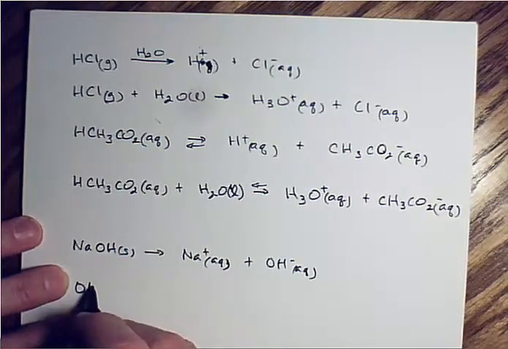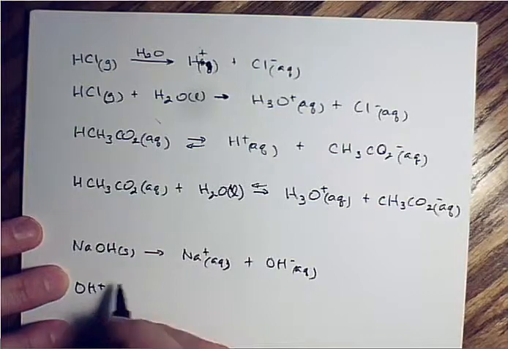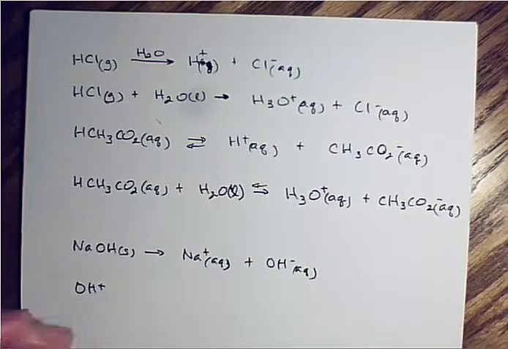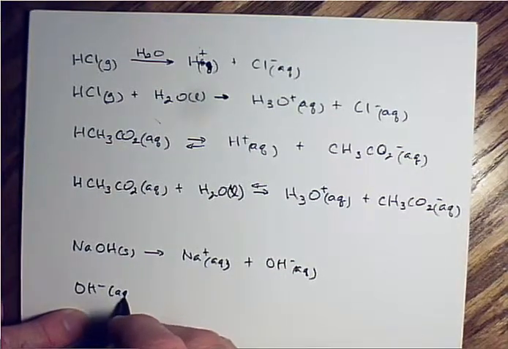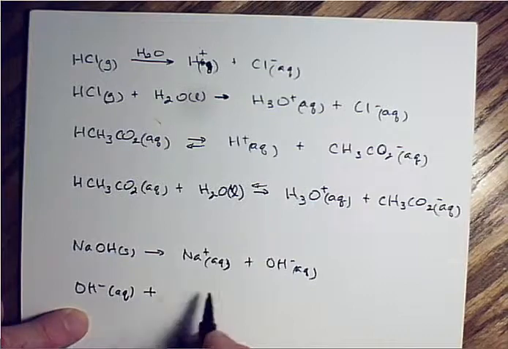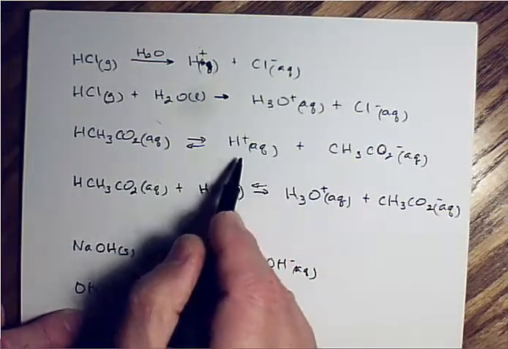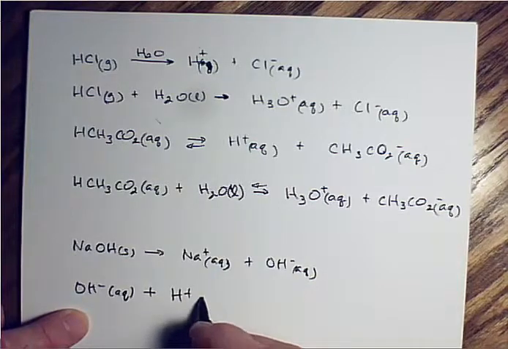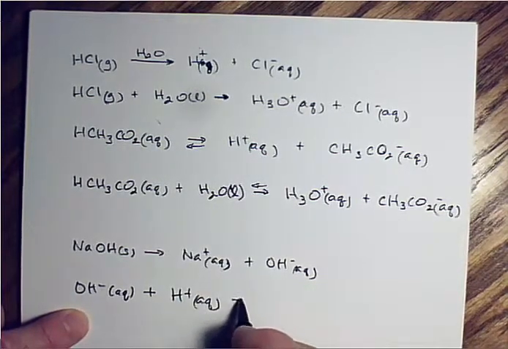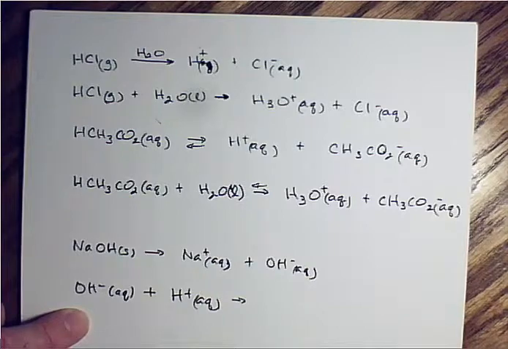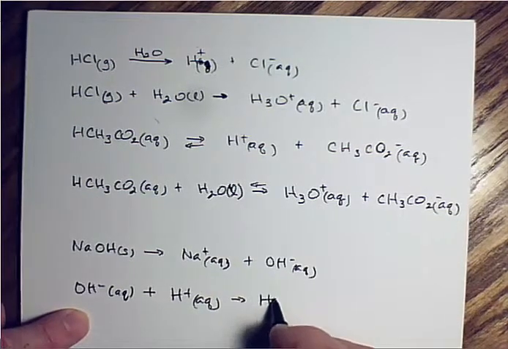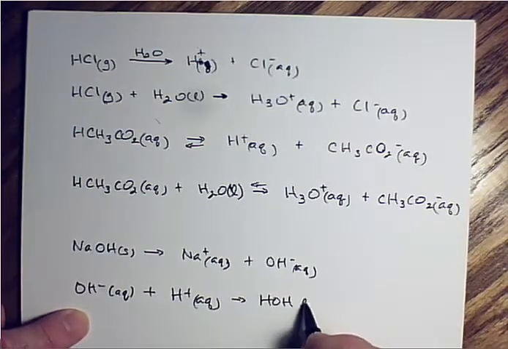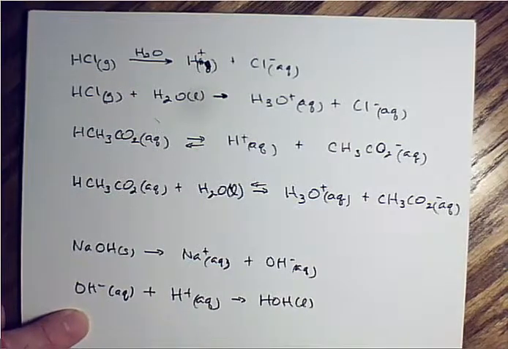And those hydroxide ions, I'm sorry, that's a negative sign, react with the hydrogen ions here, or the hydronium ions. Let's do the hydrogen ions first. And what do they form? H2O. That's how it neutralizes it.